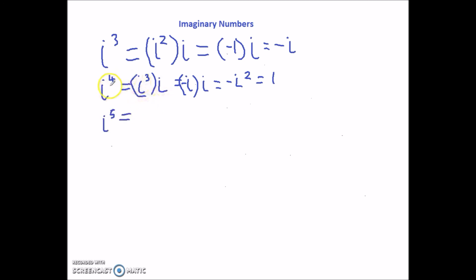So we substitute in what i to the power of 4 is. Let's write it the longhand way, just while I'm teaching. And then we multiply that by i. 1 times i is just i. And it's as simple as that.